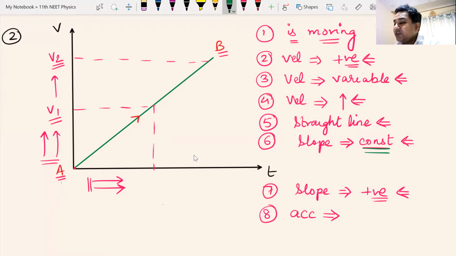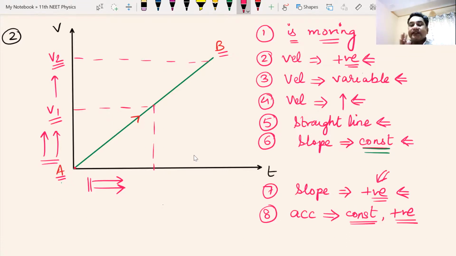Slope is constant. In the velocity time graph, slope is constant, and hence acceleration is constant. Am I clear? Acceleration is constant. The slope is also positive. Therefore, the acceleration is also positive.